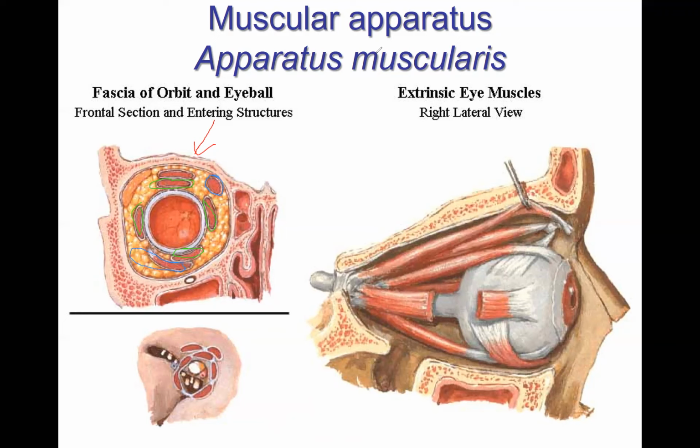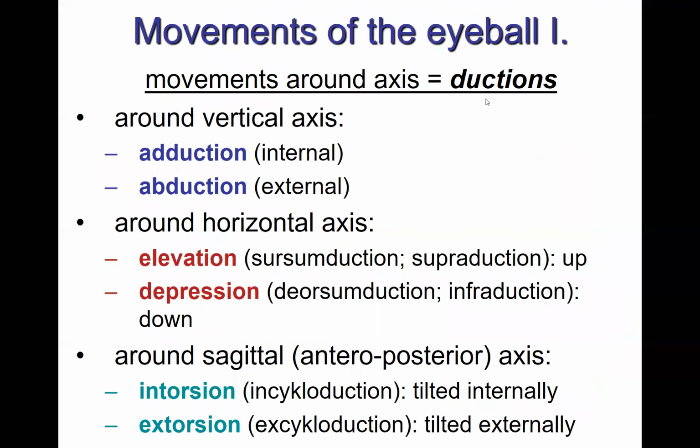And of course, levator palpebrae superioris. So please learn this figure passively, so it can be one of the figures in the test as well, as it is similar to MRI. So that's why it's important to understand it.